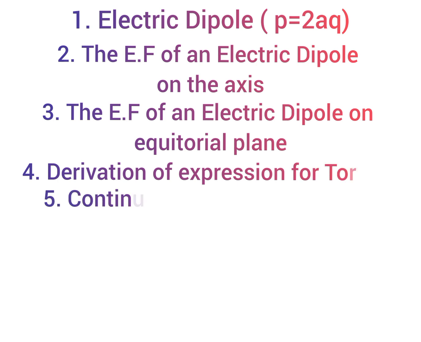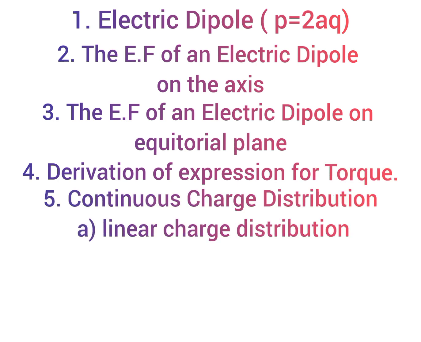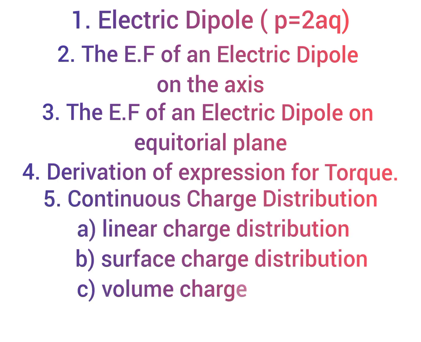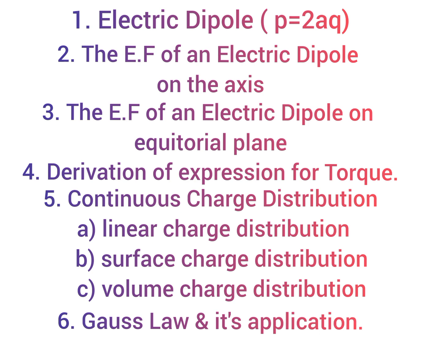And next one is continuous charge distribution, in which first one is linear charge distribution, surface charge distribution and volume charge distribution. After that, Gauss law and its applications. Totally from this chapter, 1 mark, 2 marks and 5 marks questions will come for the final examination.